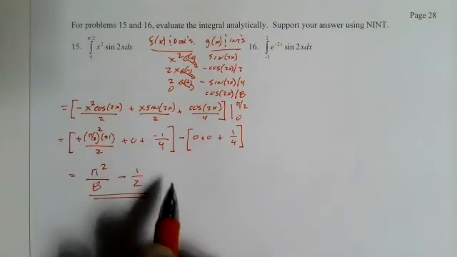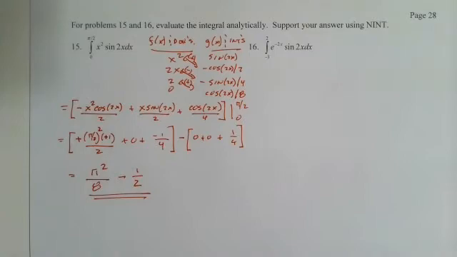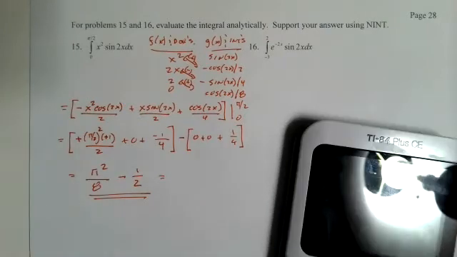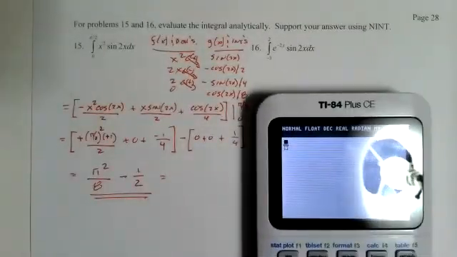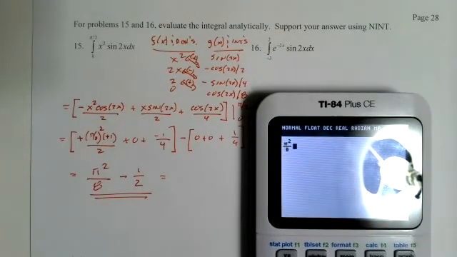I'm going to stop there. I was actually going to go with the common denominator, but let's see what I get on the calculator. Sorry about that. Equals, yes, it's crazy.